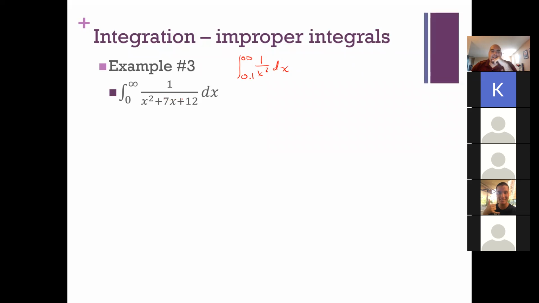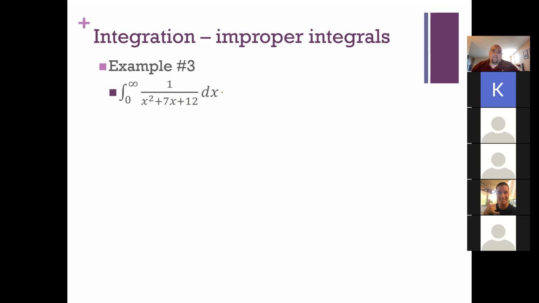Would adding 7x and 12 also converge? Just converge to a slightly smaller number. Right, and what test that we've already talked about are we using there? We're comparing it to a p-series. Right, so you're using the comparison test for the p-series. So it sounds like we're drawing the conclusion that we expect this to converge.